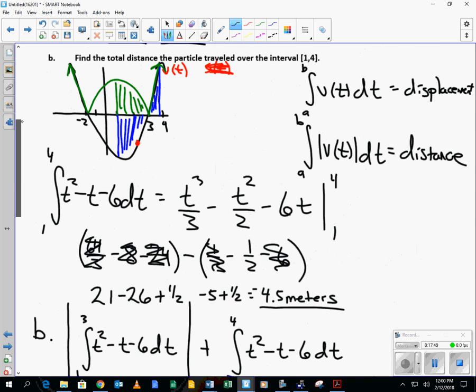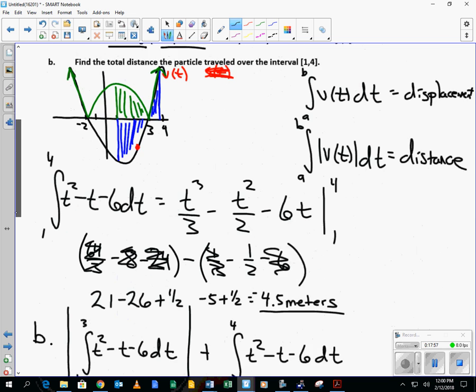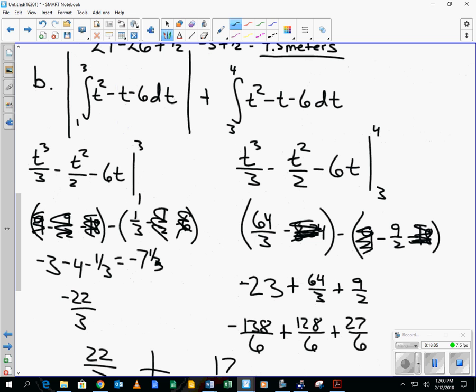The important part, B Road, is that you consider this 3 spot right here. You have to consider 3. And in your first one, when you did displacement, you didn't have to use the 3, did you? But the second one you did, and that's critical.